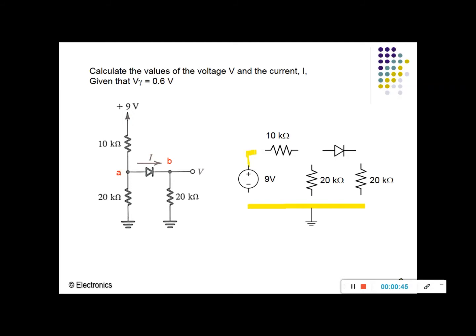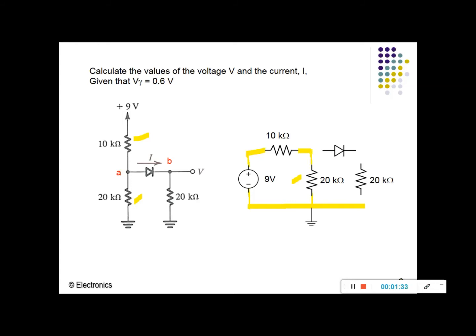The negative terminal of your power supply is connected to ground. This 10K here must be connected to node A, right? And node A is also connected to this 20 kilo ohm, so I just connect node A to the 20 kilo ohm, and the 20 kilo ohm is also connected to ground as follows.